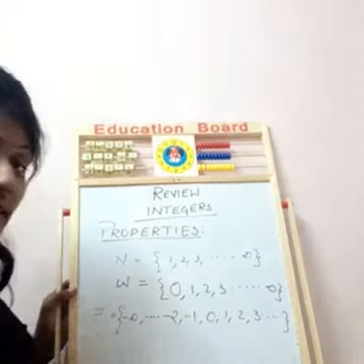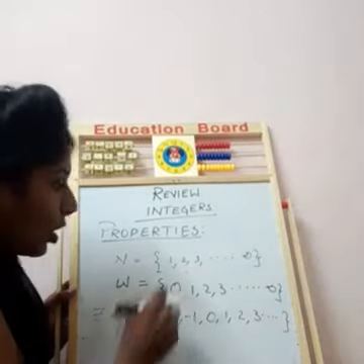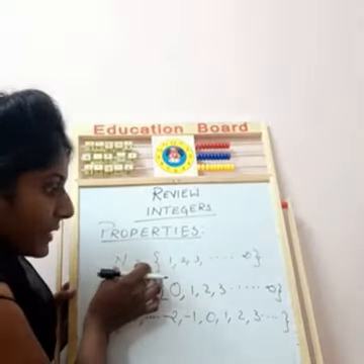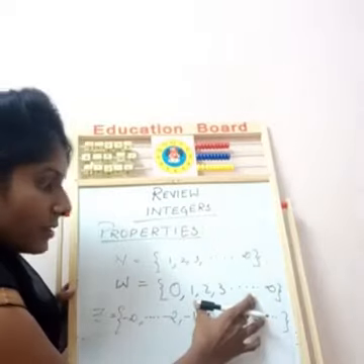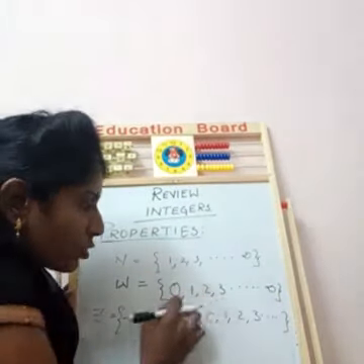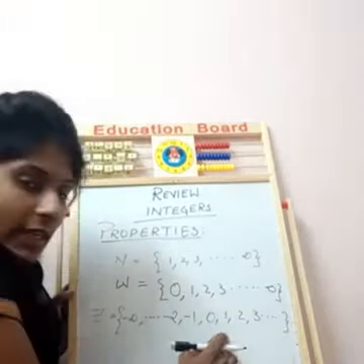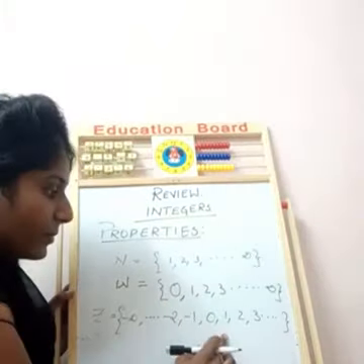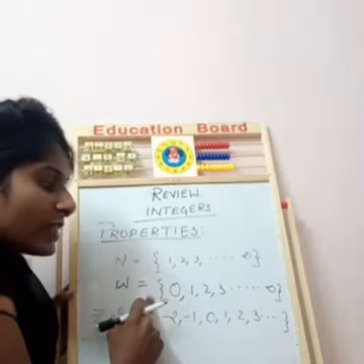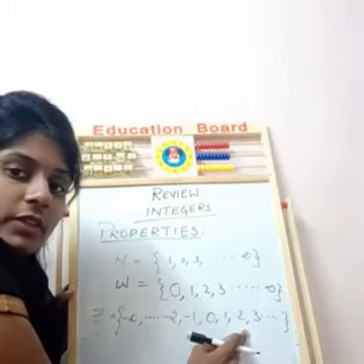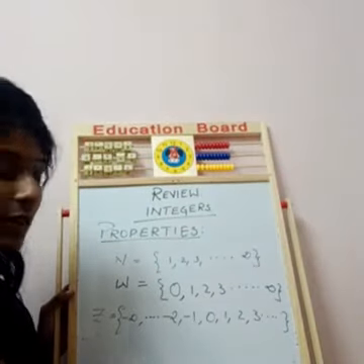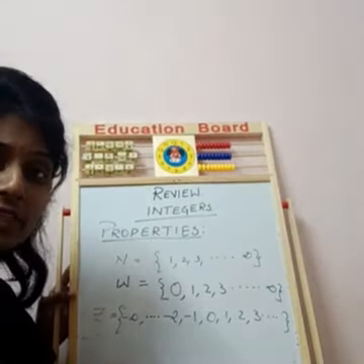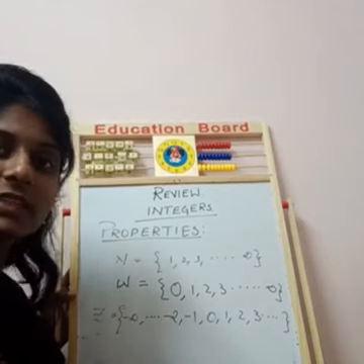Here you can clearly observe that all natural numbers are in the set of whole numbers, and all whole numbers, 0 to infinity, are included in integers. That is, whole numbers are a part of integers. This can be easily represented in a circular diagram.